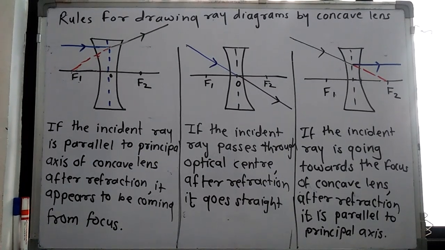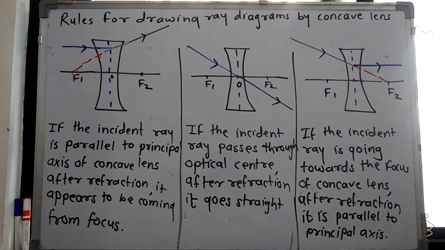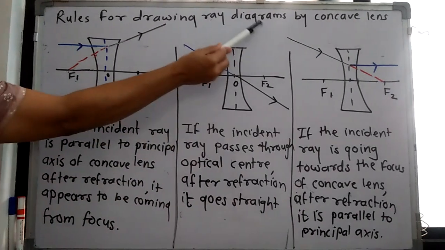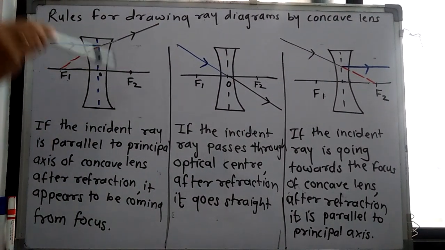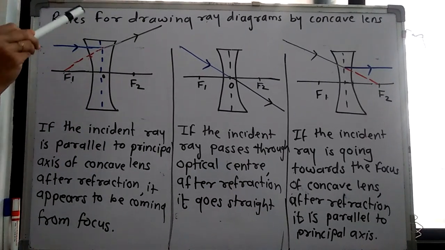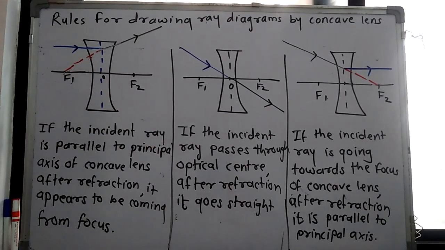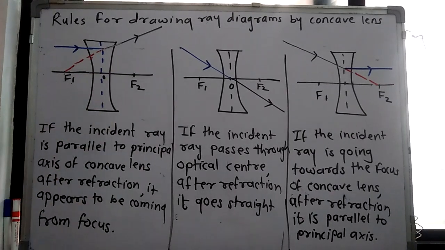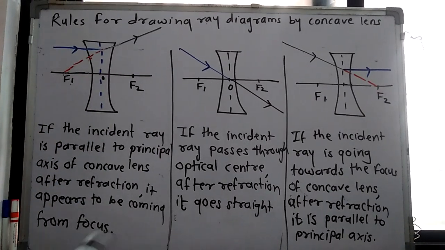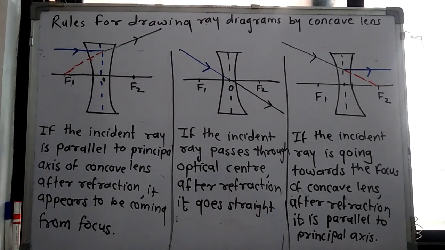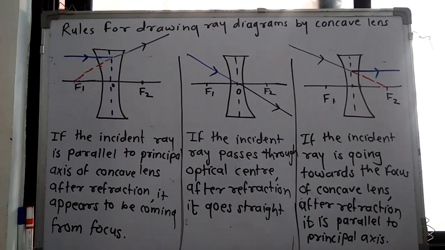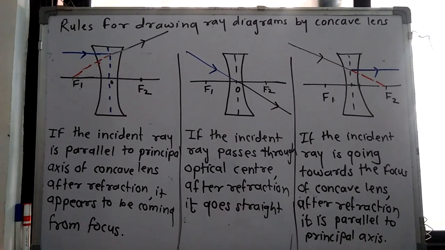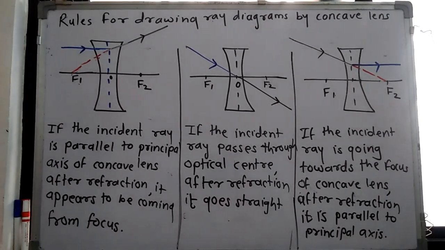If the incident ray is going towards the focus of the concave lens, actually it is not actually going to the focus, it appears to be going towards the focus. So it gets diverged parallel to the principal axis. So third rule, if the incident ray is going towards the focus of the concave lens, then after refraction, the refracted ray would be parallel to the principal axis.